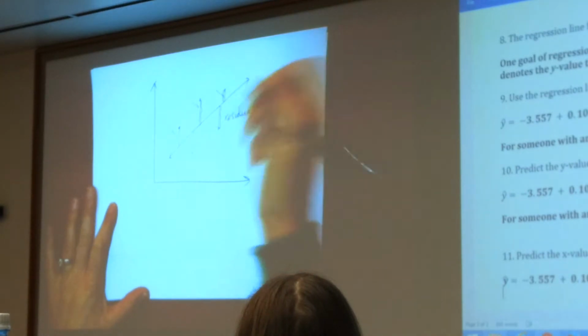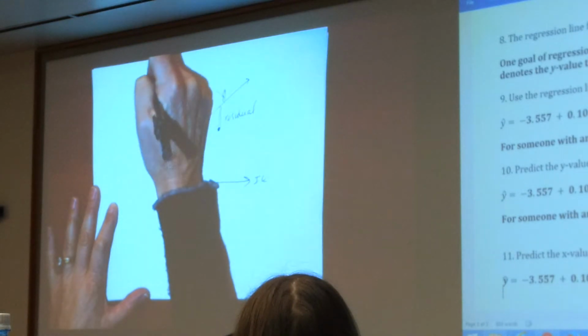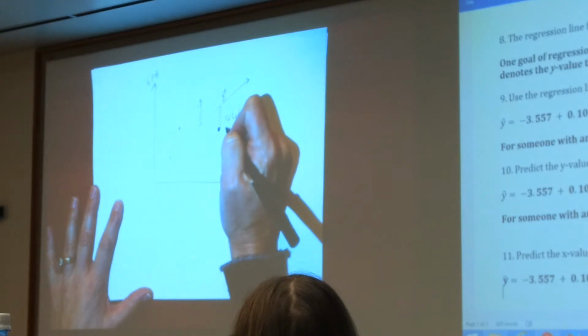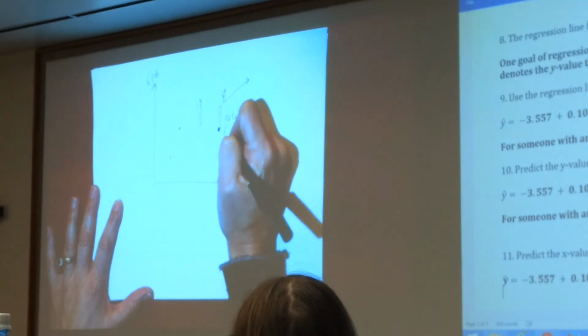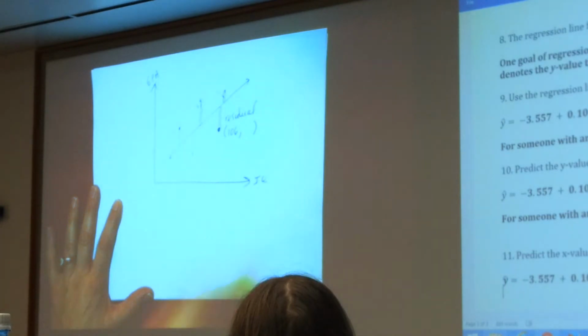So if we look at it this way, this is somebody with some IQ and some GPA. Let's say this is the 106 person. The person a little bit earlier in your work had found for IQ of 106 what the predicted GPA was, right?